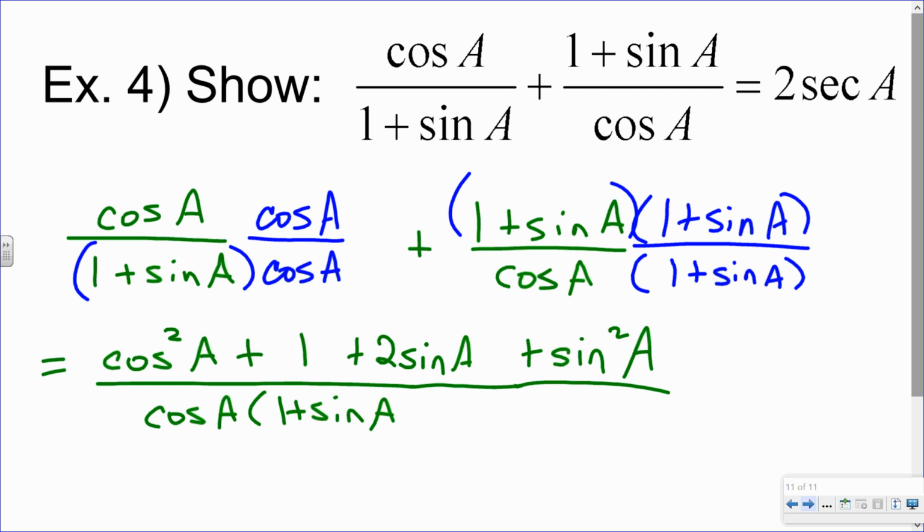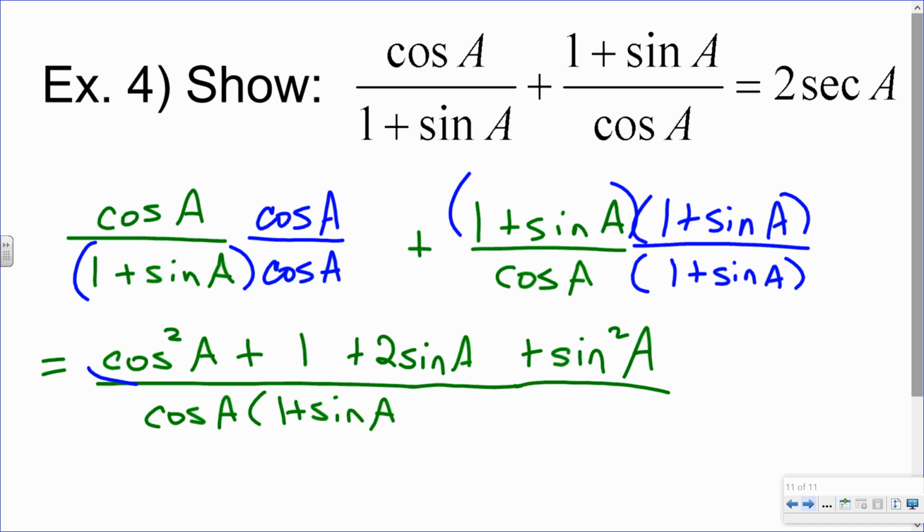What is the trig identity that we've memorized? Sine squared plus cosine squared equals 1. Does that help me with any part of this numerator? Ian? Keep looking. I know sine squared plus cosine squared is 1. Yeah, they're just not right beside each other.